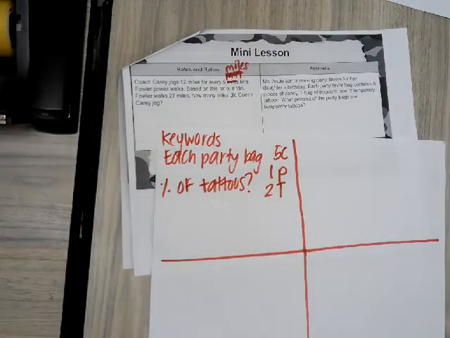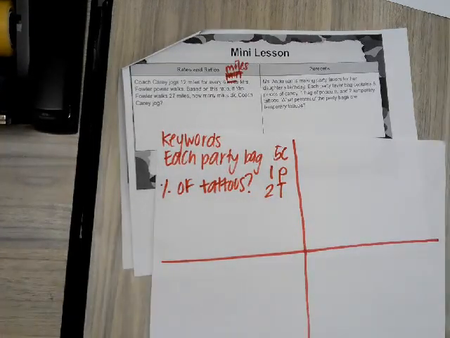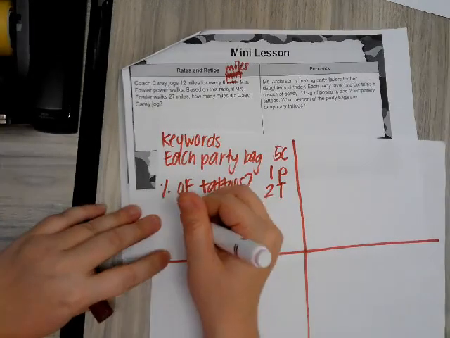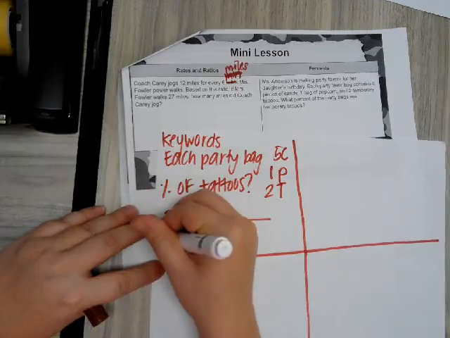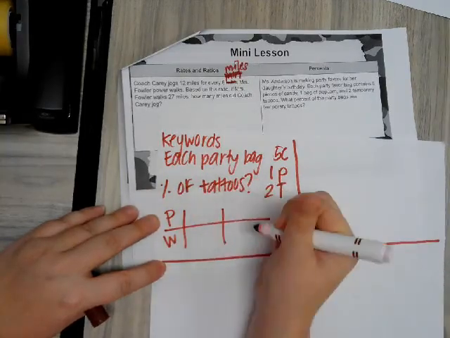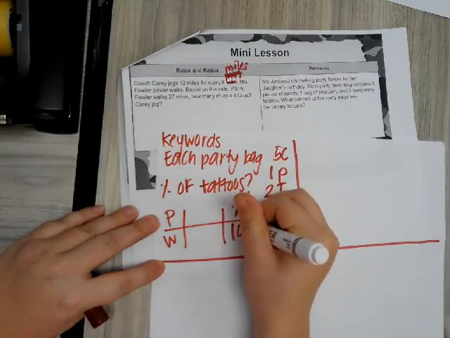Because we're looking for a percent, we're going to make a ratio table or a proportion. So, part over whole. So, I don't know my percent, but I know percents are out of 100, correct?